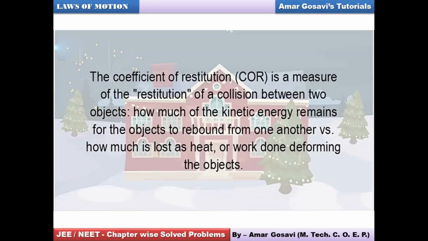This is the representation of coefficient of restitution, COR we call it. It's an indication of how much energy is lost or transferred into other energies like heat and work done after collision. That makes the concept very important while solving problems. Make a note of this definition as well.